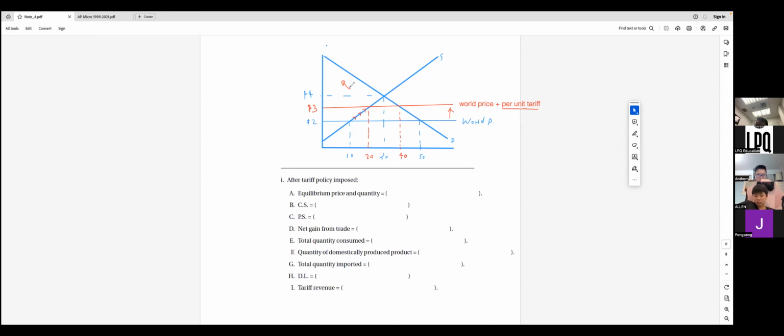Okay, and finally we add, once again, labels A, B, C, D, E, F, G, H, I, J. Okay, with these labels, let's fill the last group of the question. So now the equilibrium price and quantity is $3.40.